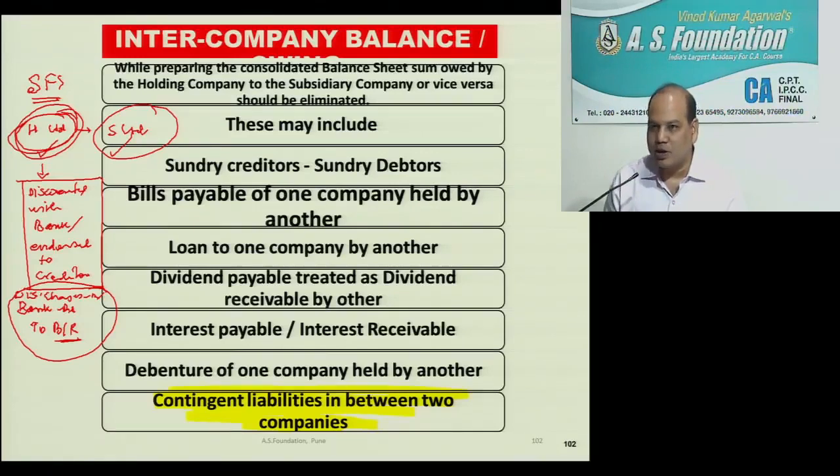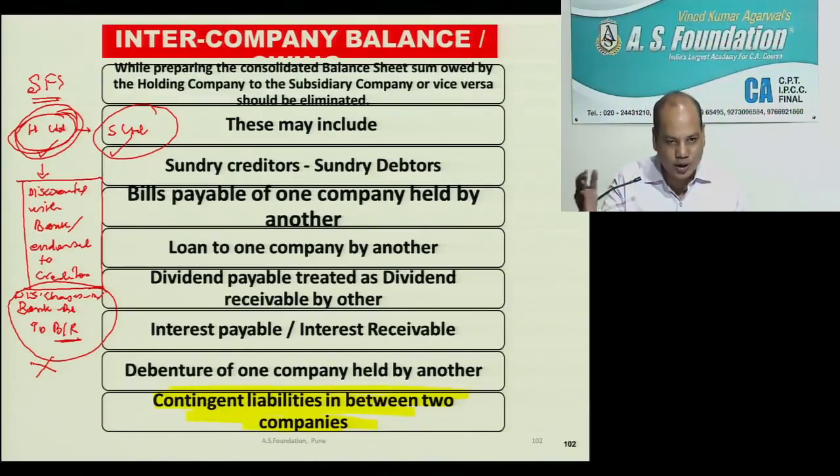That bills payable will appear as a liability now, because H plus S, total bills payable will appear in the balance sheet. So will I need to disclose the contingent liability in the notes to accounts? The answer is no. This contingent liability note I will not write because it relates to group companies only. Now in the balance sheet, actual bills payable will appear. Why will actual bills payable appear?